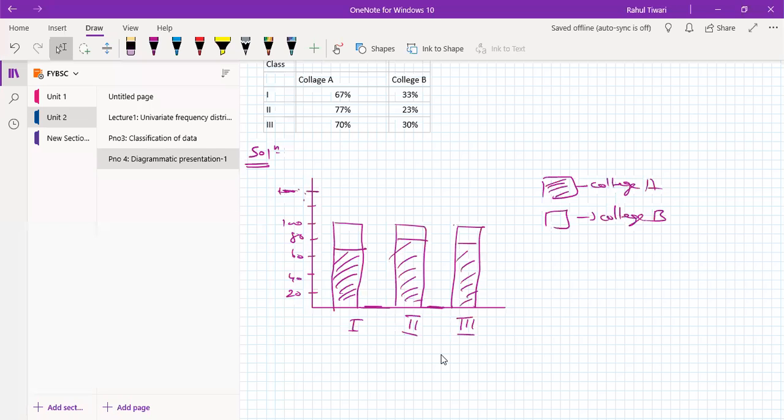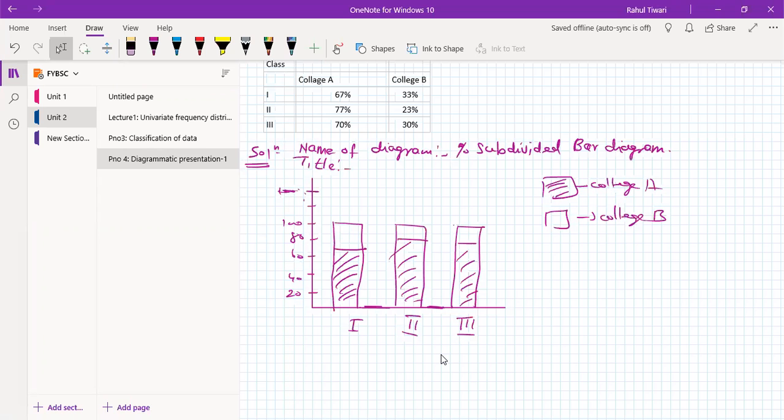Now we have to write down the name of the diagram. How do you have to write it? First, the name of the diagram, which is percentage subdivided bar diagram, and we have to define the title.